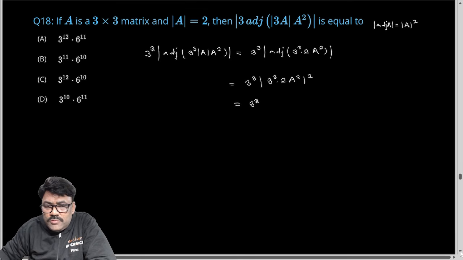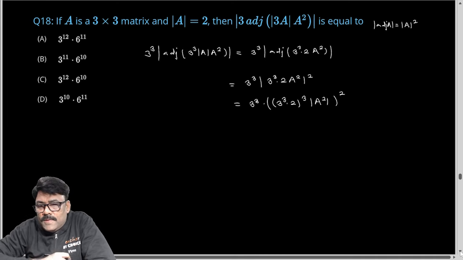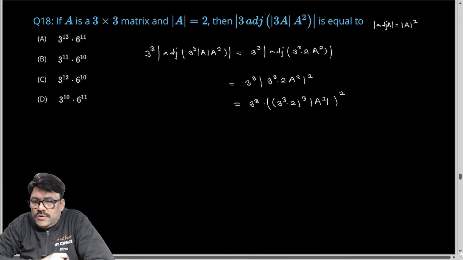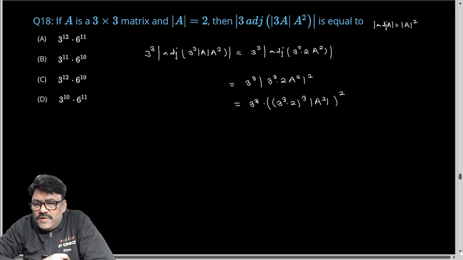Take this 3 cube into 2 outside the determinant. So that will be 3 cube into 2 whole cube determinant of A square whole square.